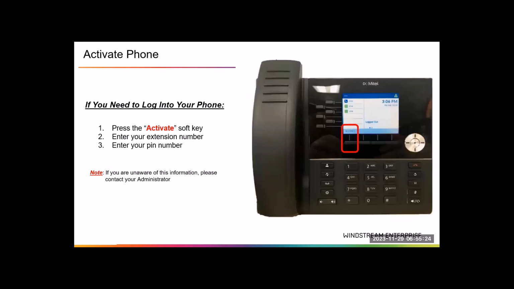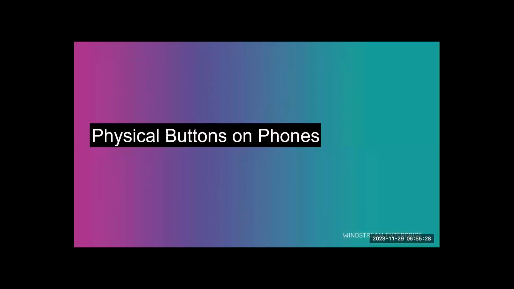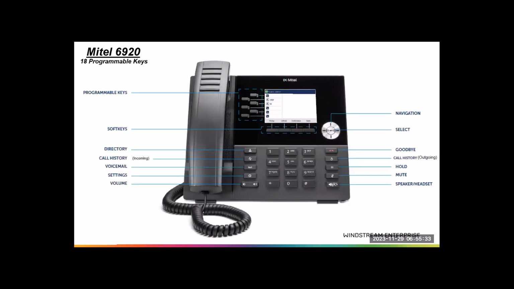Now, let's take a few minutes to familiarize ourselves with the hardware and the button locations of the phone. On the left is your handset, on the right is your display screen, and here at the bottom is your keypad.